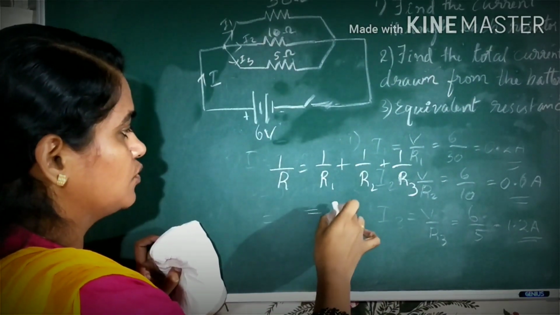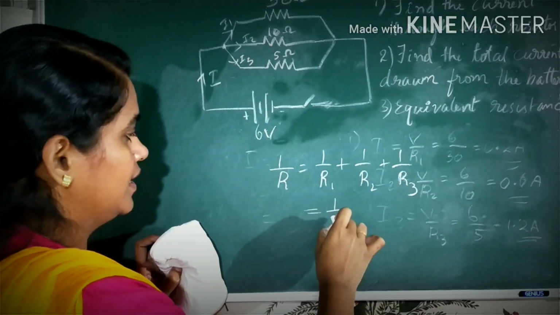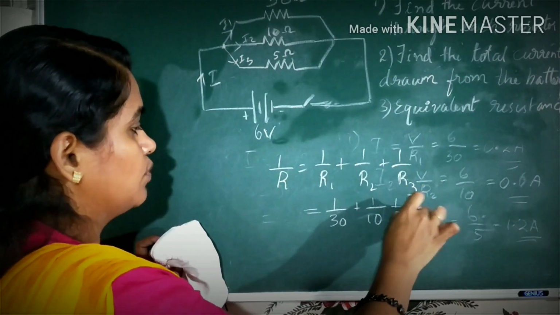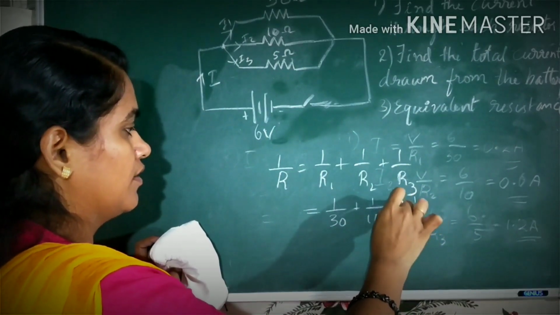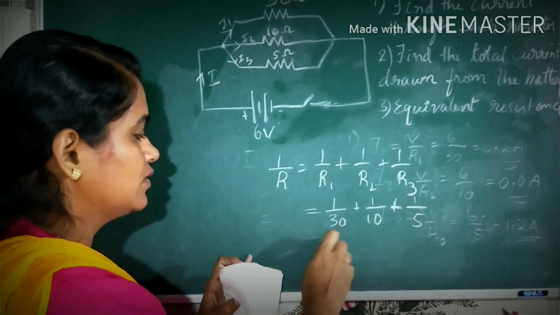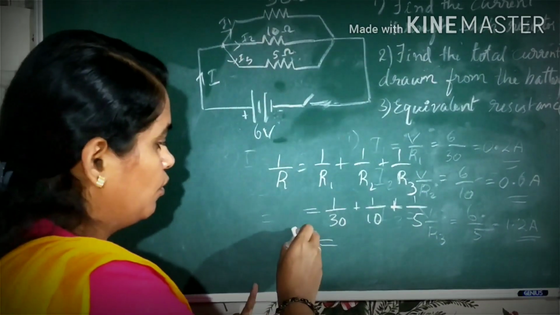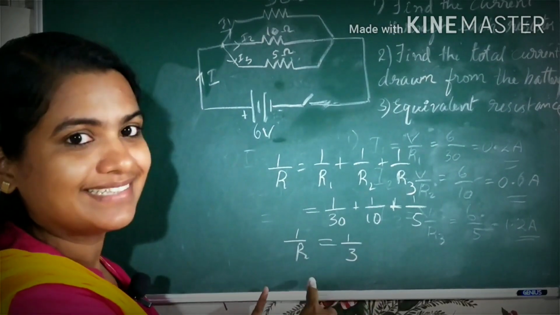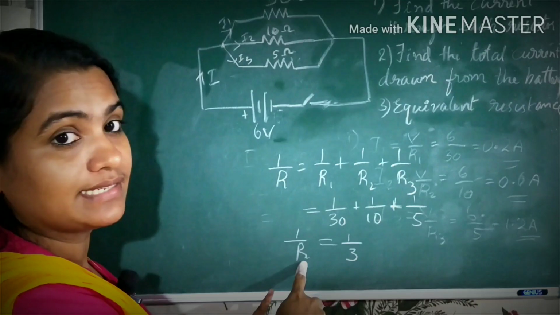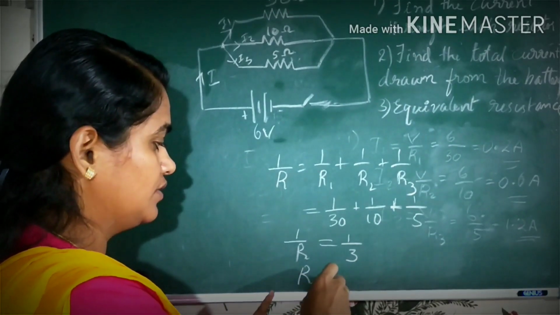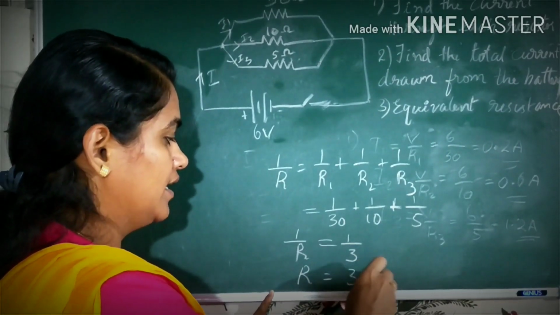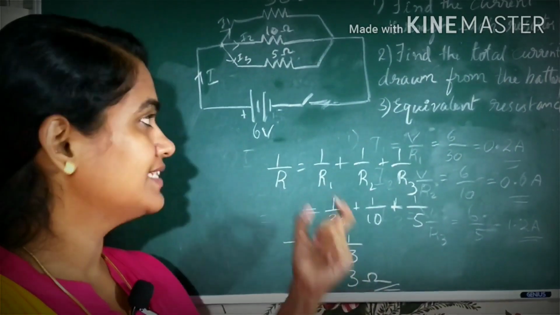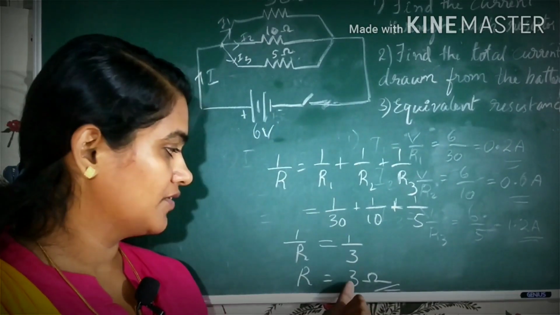That is equal to 1 by 30 plus 1 by 10 plus 1 by 5. By solving this, we get 1 by R is equal to 1 by 3. Therefore, the effective resistance R is equal to, taking the reciprocal, 3 ohm. So the effective resistance in this circuit is 3 ohm.